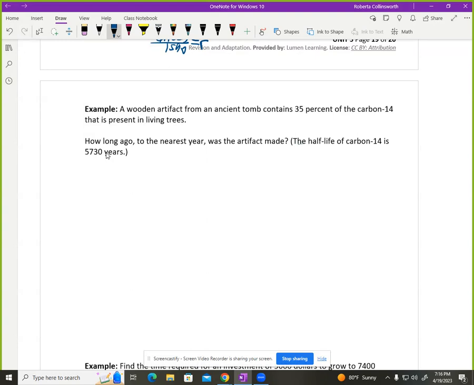The half-life, we just did a half-life problem, of carbon-14 is 5,730. So I do not know what R is. So I'm just going to jump right there and say we need to find R because I don't know what that rate is.